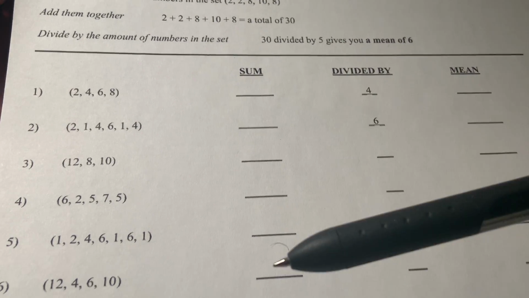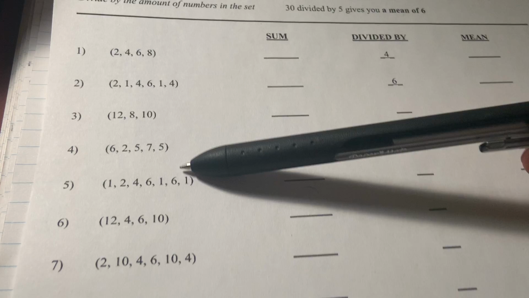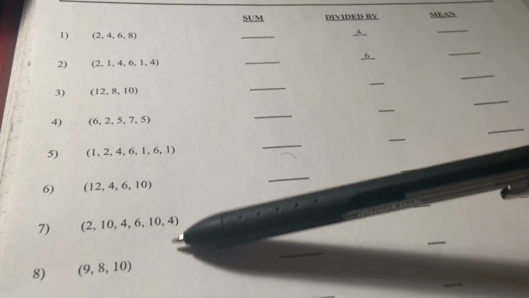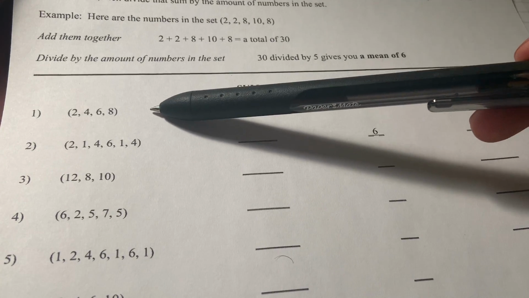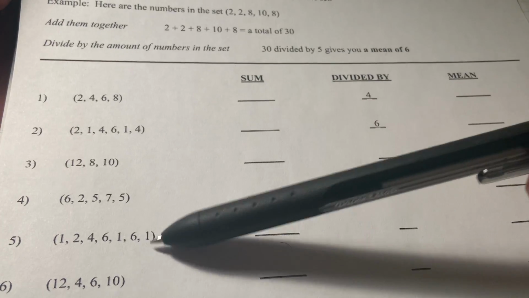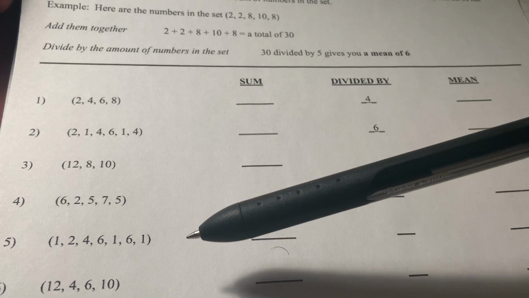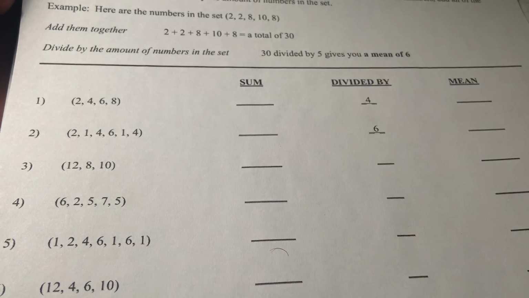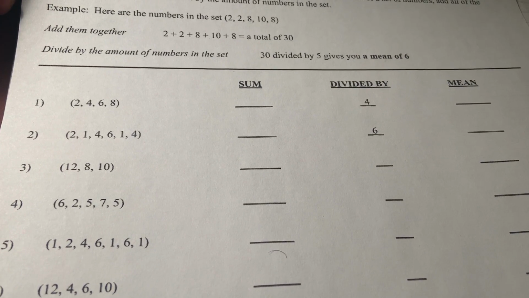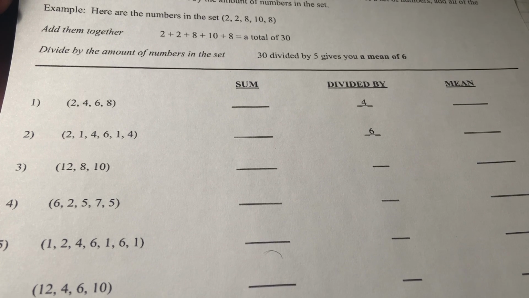Trust me, I checked. These are all very, very easy numbers to add. And these are also all evenly divisible by the number of numbers, or the amount of numbers in the set. Okay, so I'm going to challenge you to do that on your own.